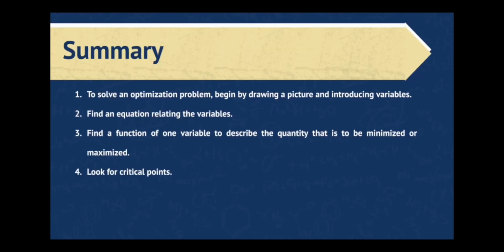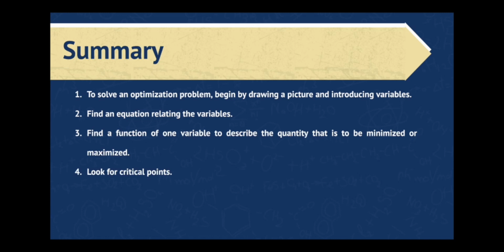As a quick summary, to solve an optimization problem, we began by drawing a picture and assigning variables. The next step is finding an equation that would relate all the variables needed.